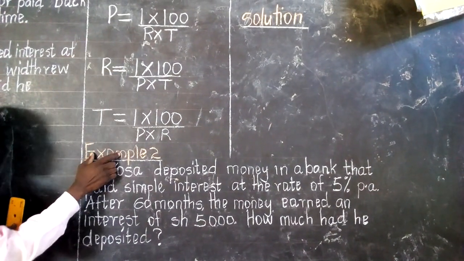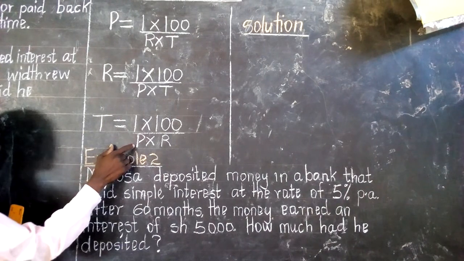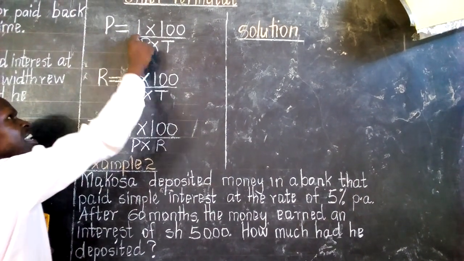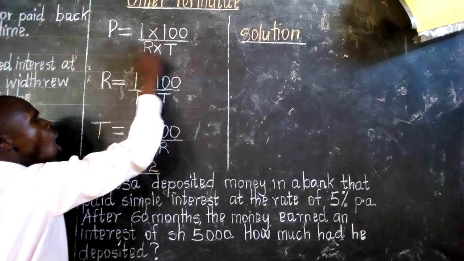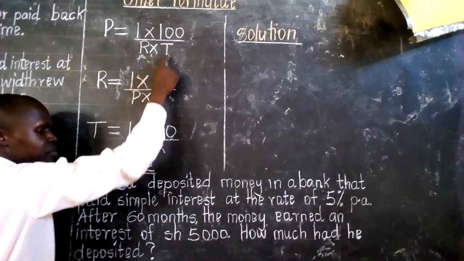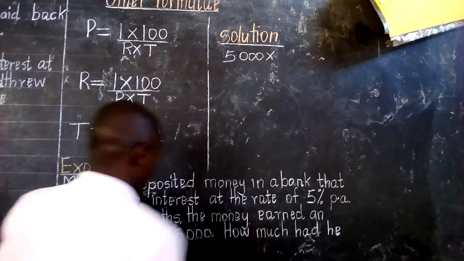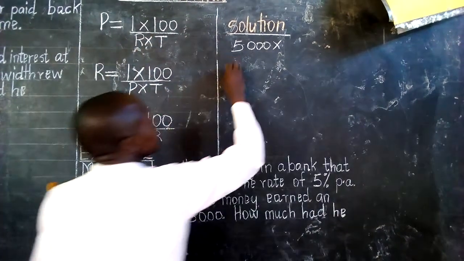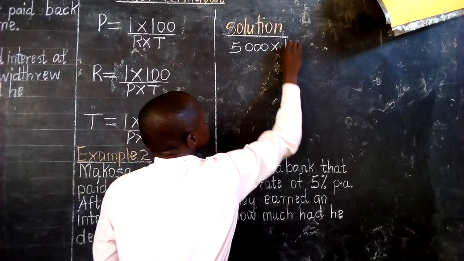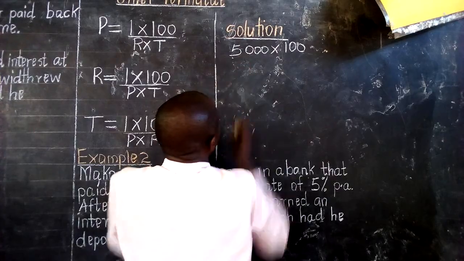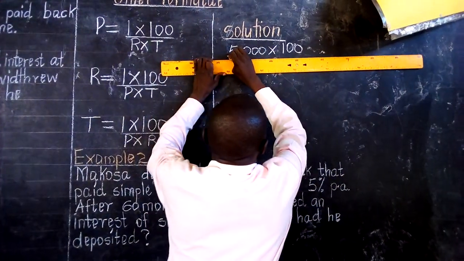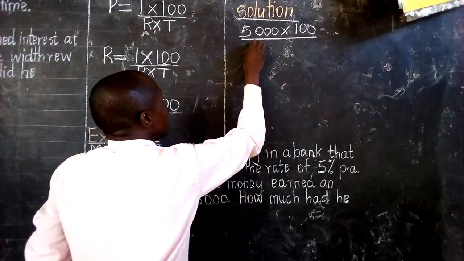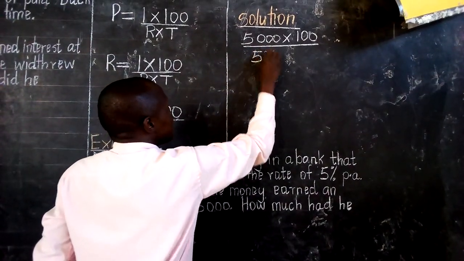Formula for principal, of course, formula number 1, which tells us interest times 100 all over rate times time. What is our time? We have it. Rate. We have the rate here, 5%. Time.